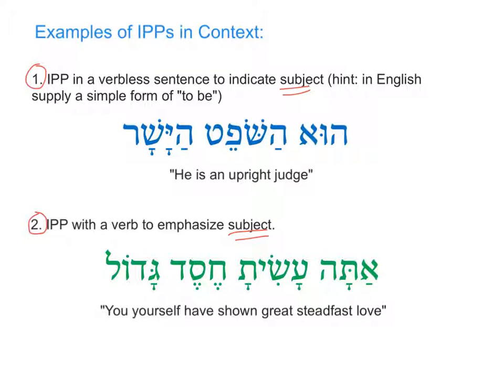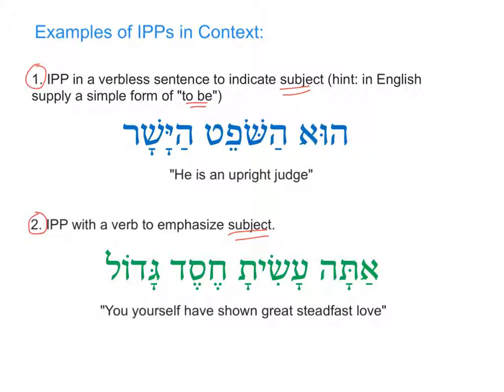In Hebrew, we've seen this before a few times, that it's possible to have a verbless sentence. And when that happens, we simply need to supply a form of the verb to be. And that will always be a simple form of the verb, like is or was, or if it was plural, were or are. That we need to supply in English.